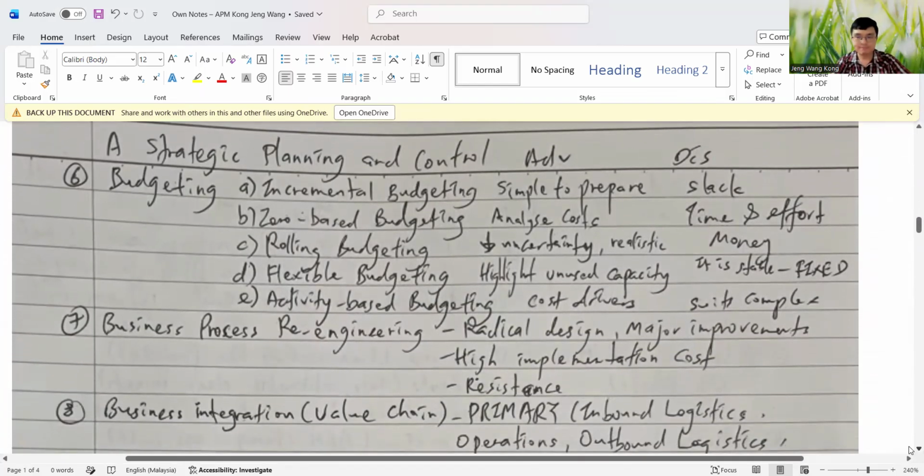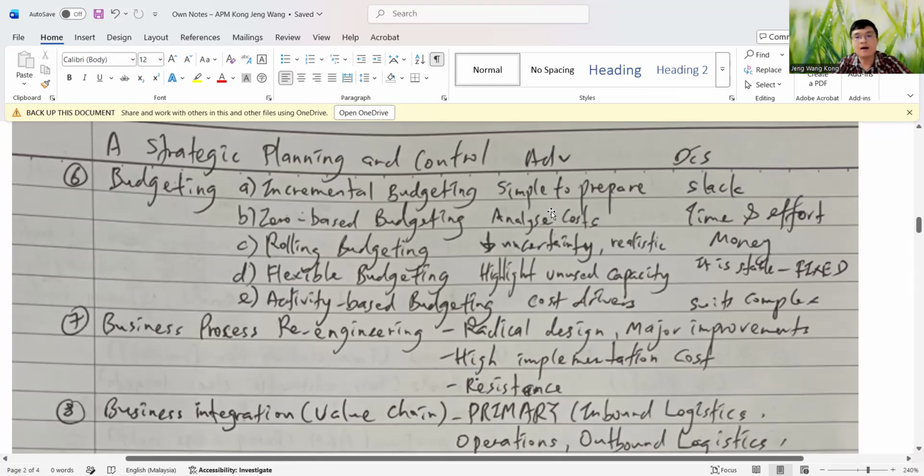So budgeting. Usually when dealing with budgeting questions, the advantages and disadvantages of the various budgeting methods can help you provide answers relevant to the company. Like incremental budgeting, the advantage is simple to prepare, but the disadvantage will be slack.